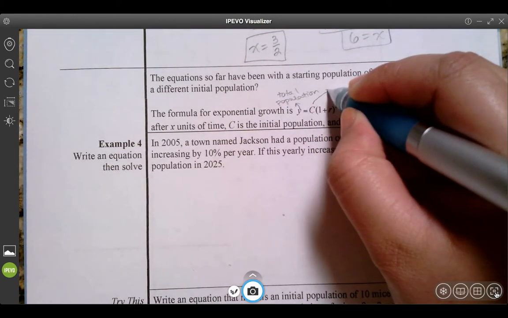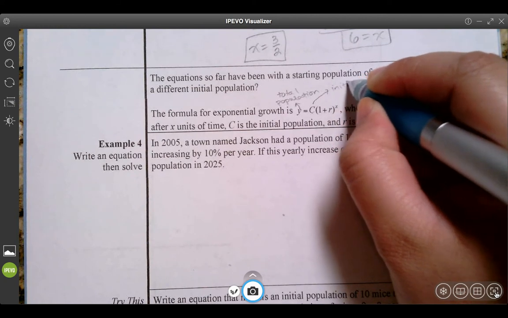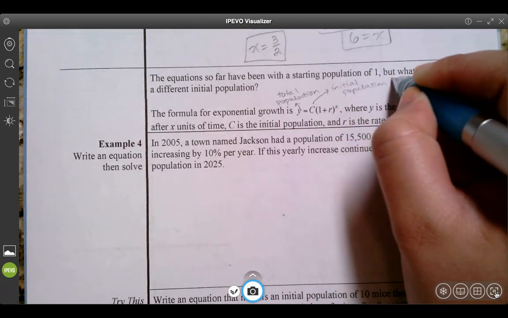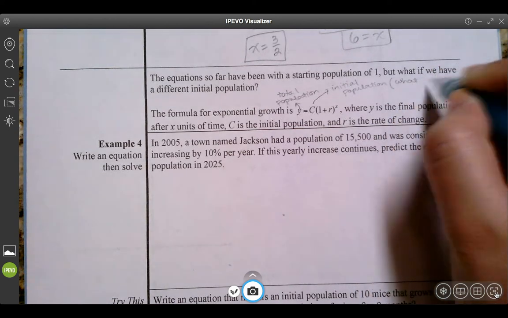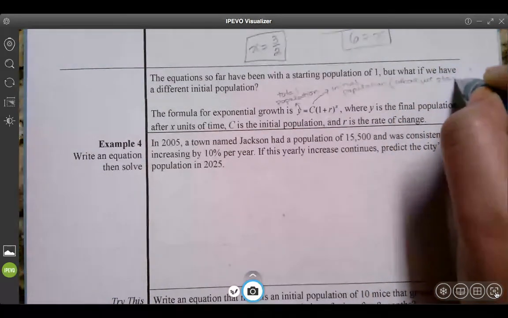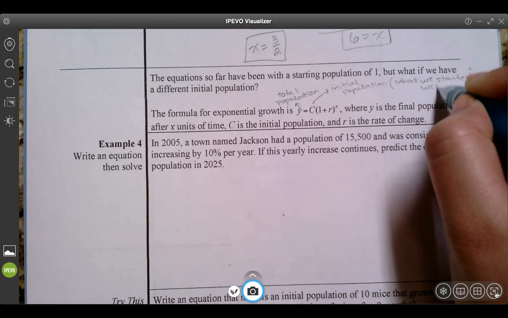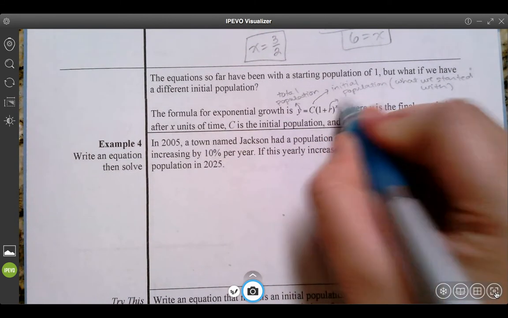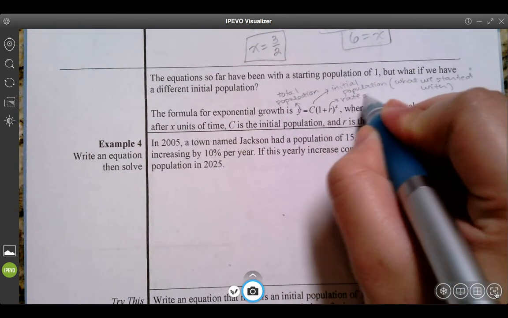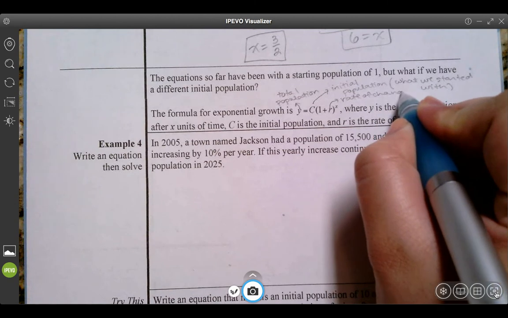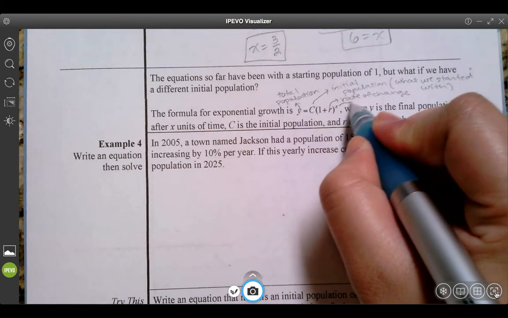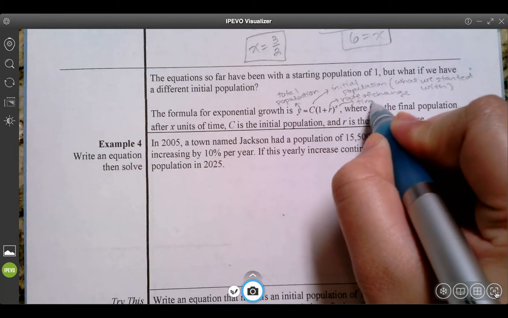C is the initial population, or what we started with. R is the rate of change, that's how fast the population is changing. And then x is the amount of time.